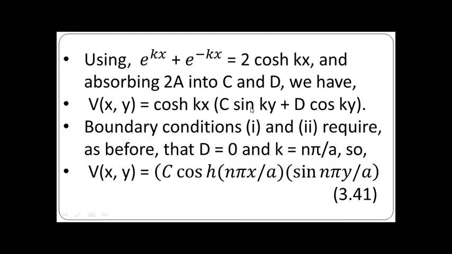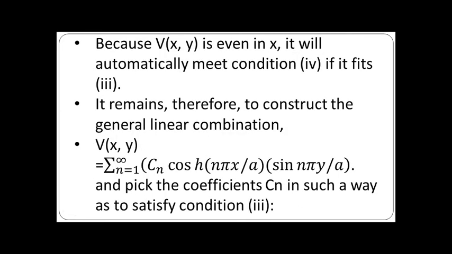So substituting this value of k into these equations, V(x,y) is equal to Cn cosh(n pi x upon a) sin(n pi y upon a). Here we have substituted the value of k, n pi upon a, in place of k here as well as here, and that is equation 3.41.